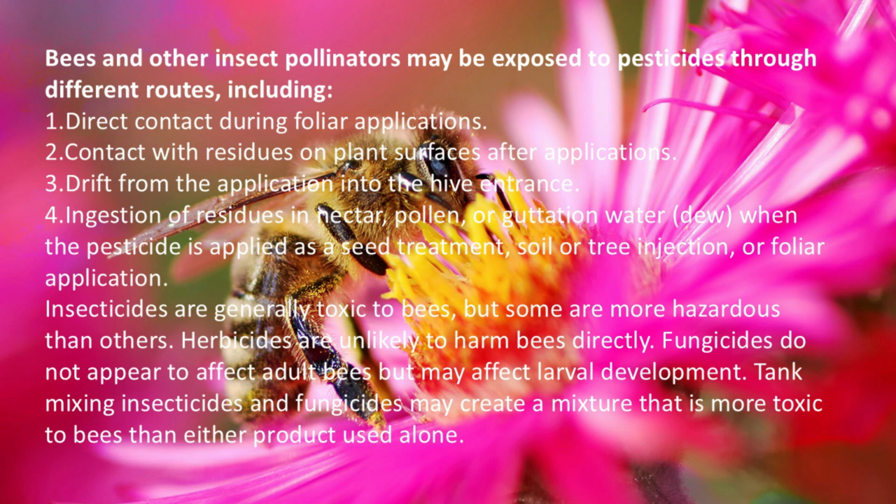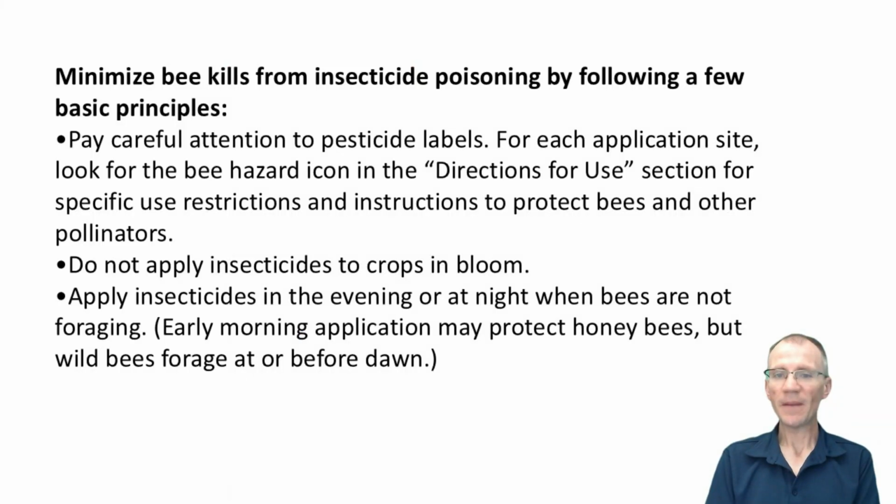Insecticides are generally toxic to bees, but some are more hazardous than others. Herbicides are unlikely to harm bees directly. Fungicides do not appear to affect adult bees, but may affect larval development. Tank mixing insecticides and fungicides may create a mixture that is more toxic to bees than either product used alone. Minimize bee kills from insecticide poisoning by following a few basic principles.